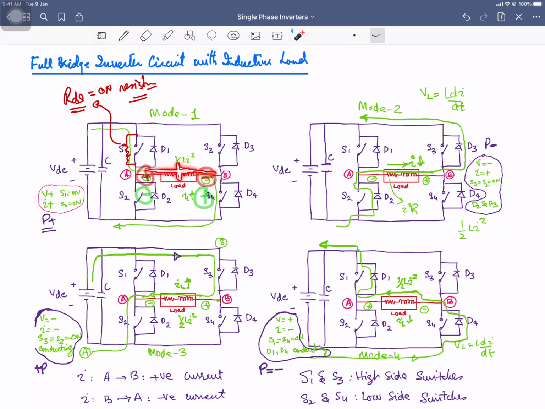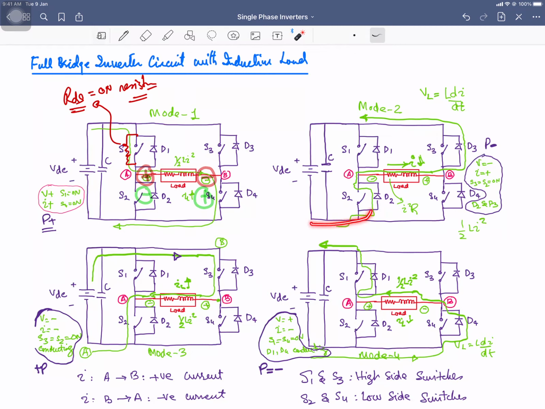So it cannot be reversed immediately until and unless the whole of the energy stored in the inductor goes to zero, is dissipated. So this positive voltage is going to turn on your diode D3, right, and this negative voltage is going to turn on your diode D2.